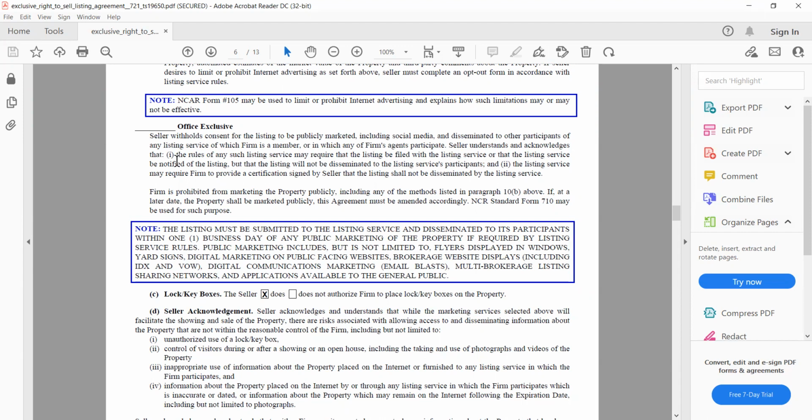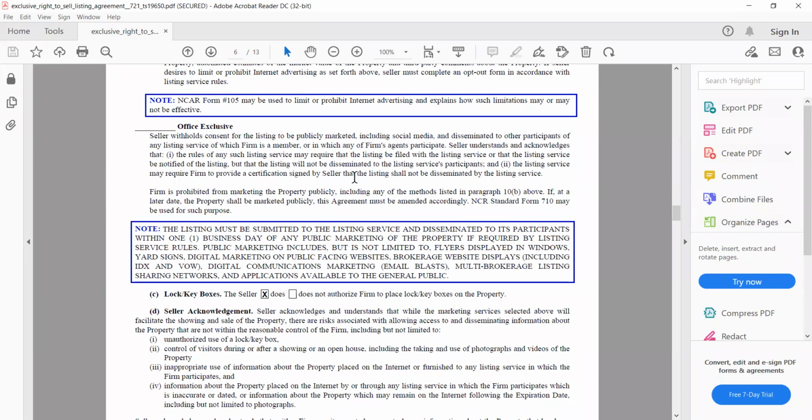Seller understands and acknowledges that, number 1, the rules of any such listing service may require the listing be filed with the listing service or the listing service be notified of the listing, but that the listing will not be disseminated to the listing service's participants, and the listing service may require a firm to provide a certification signed by seller that the listing shall not be disseminated by the listing service.